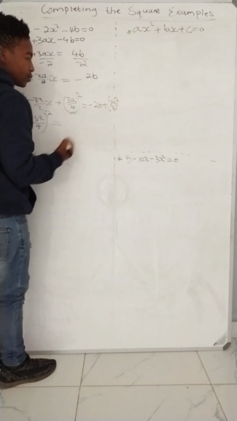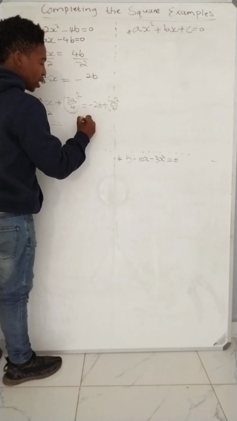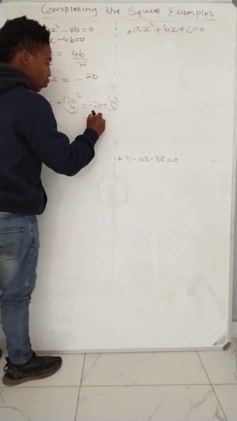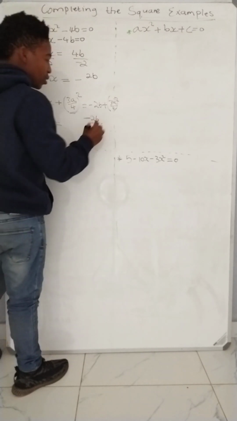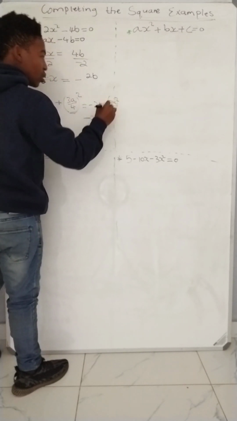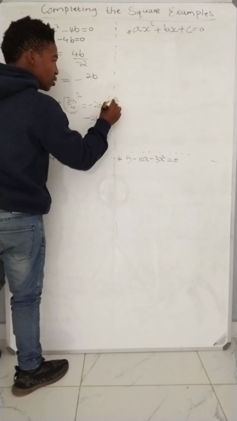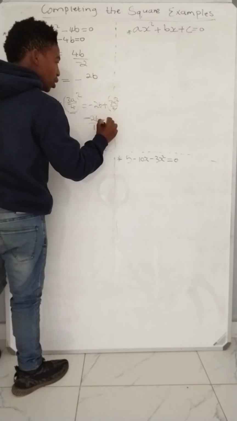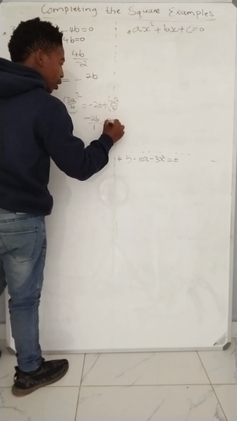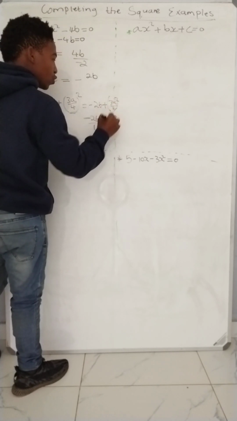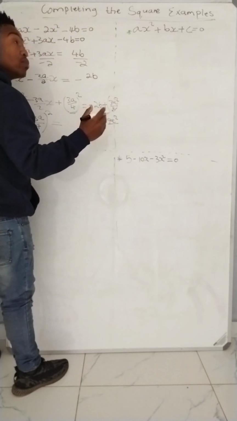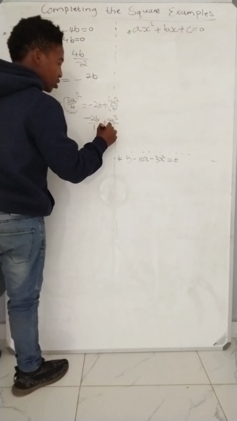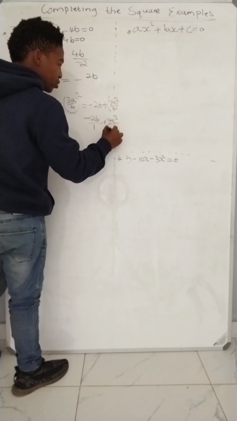Okay, so you have minus 2b over 1, and then plus 3 squared is 9a squared over 4 squared, which is 4 times 4, that is 16. All right, 16.